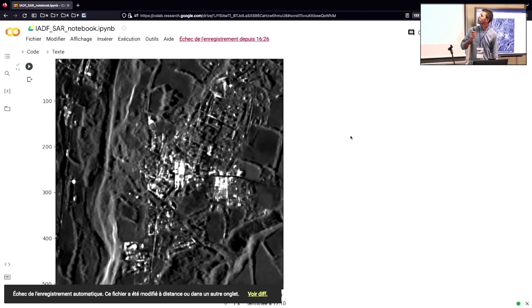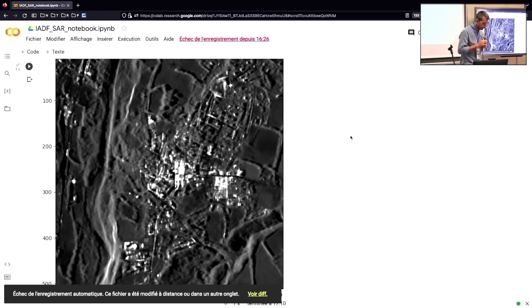I think it looks better on your screen or here, but what you can see is that in homogeneous areas, we have no speckle that is left, and we haven't introduced spurious structures, so no artifacts in homogeneous areas. At the same time, we have really well preserved the edges and all the thin structures that are characterizing the image.